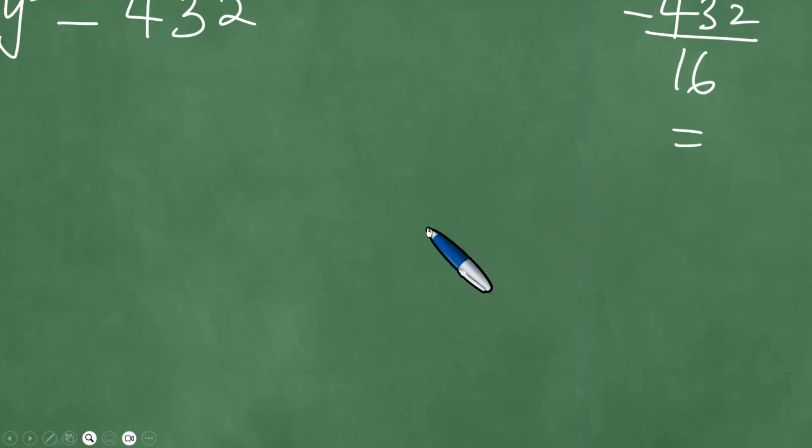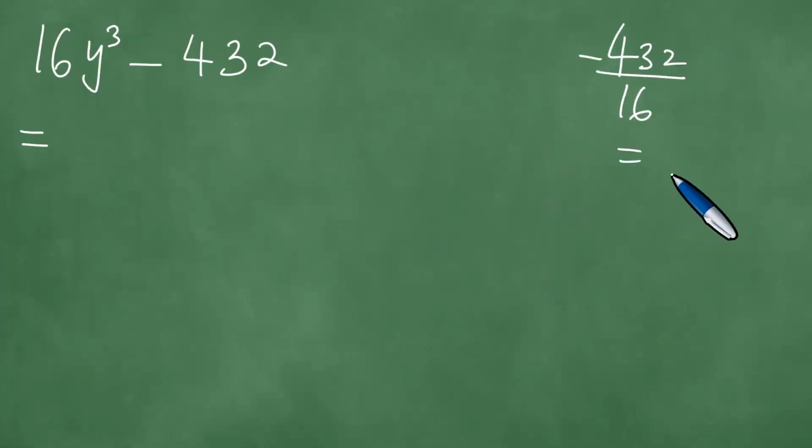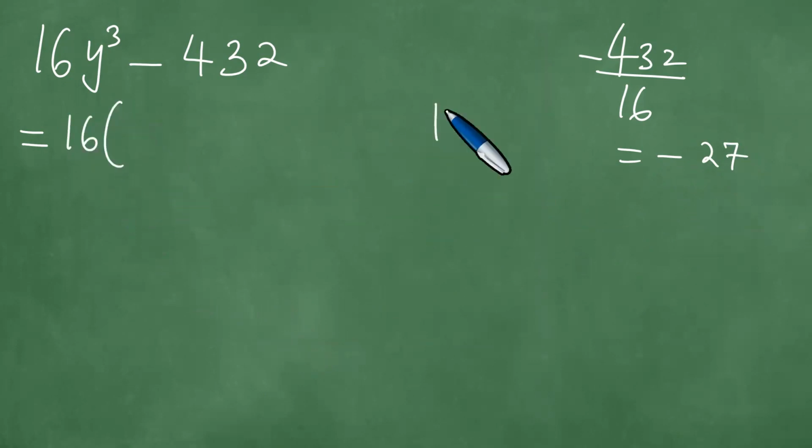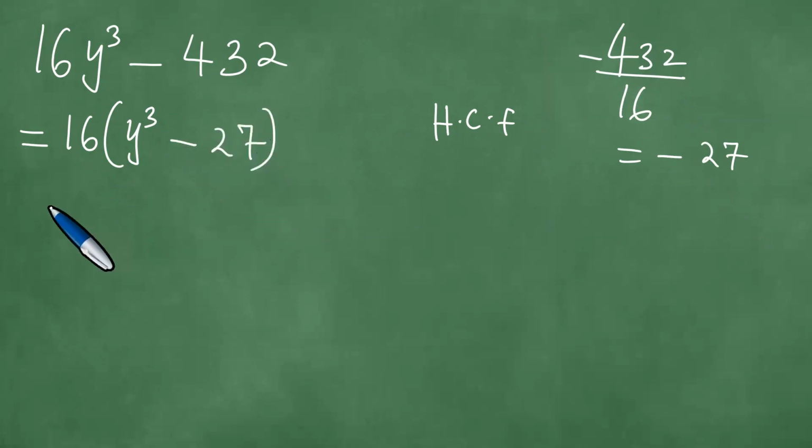So you can pull out the highest common factor, which is 16. If you factor out 16, negative 432 divided by 16 gives minus 27. So this is going to be minus 27, like this.